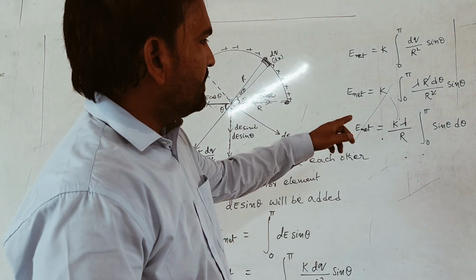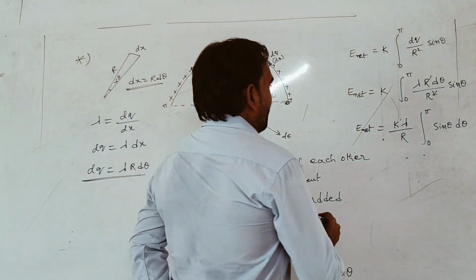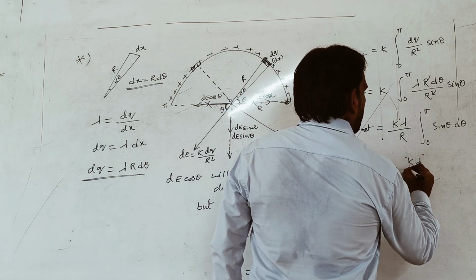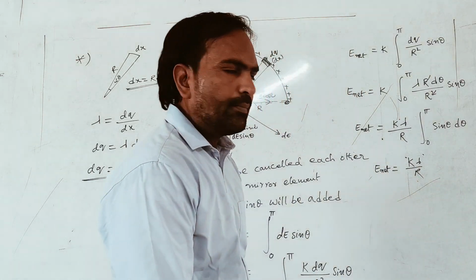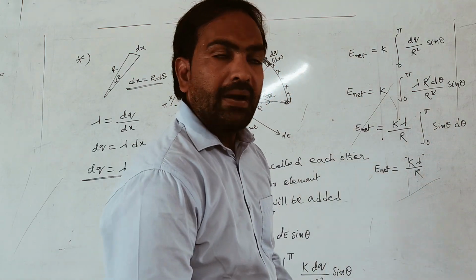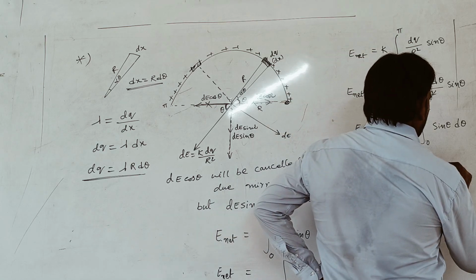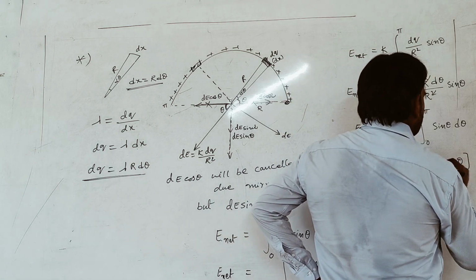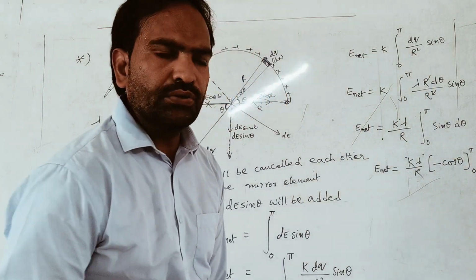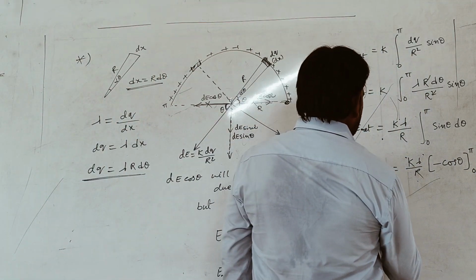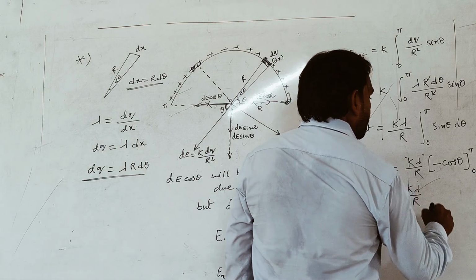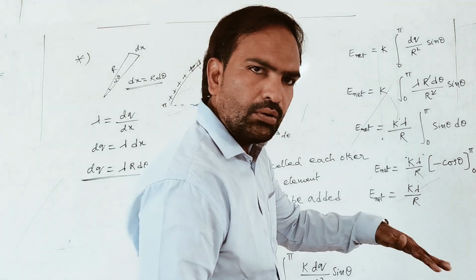Okay, students? Integration of sin theta d theta. Then E net is equal to k lambda by r times the integration of sin theta d theta. What is the integration of sin theta? Minus cos theta. What are the limits given? 0 to pi. So E net is equal to k lambda by r times upper limit minus lower limit.